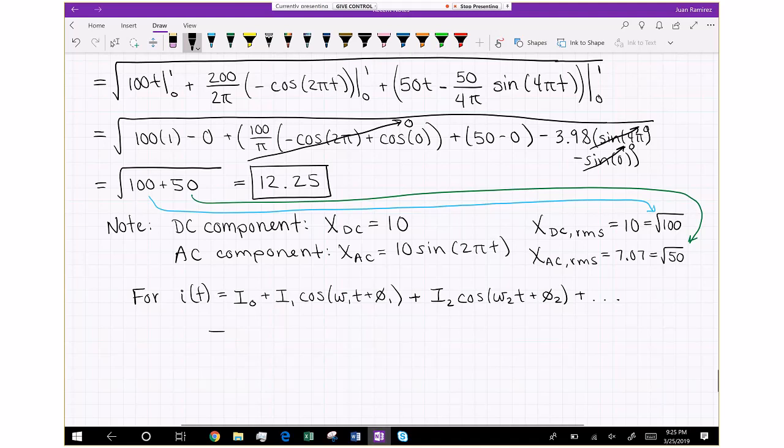The RMS value of this is equal to square root of the square of each RMS value. So that's again the shorthand form of calculating the RMS value of a sinusoidal signal that could have multiple frequency components, including the DC. Technically, DC has a frequency of 0.